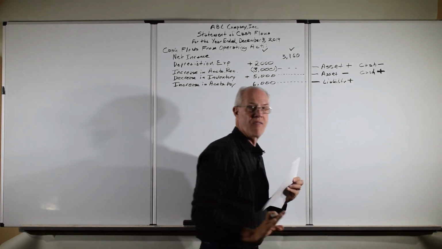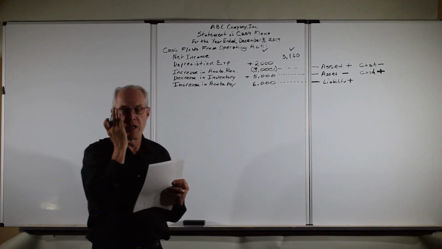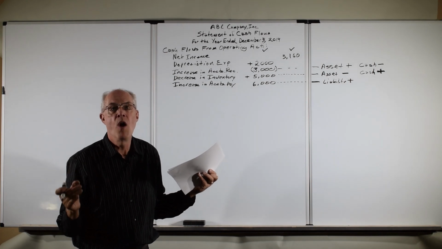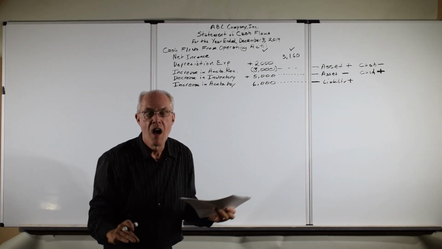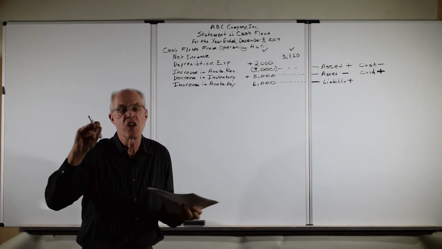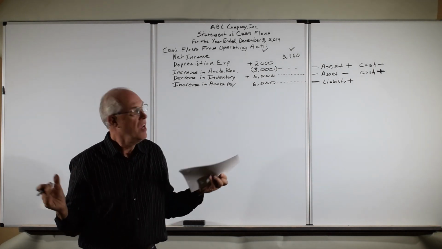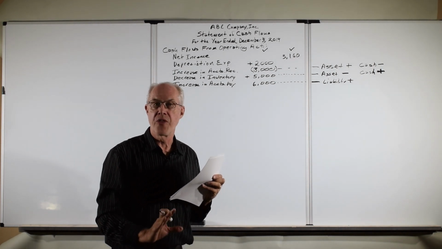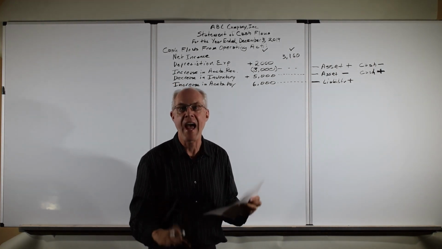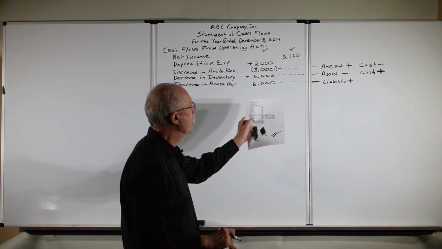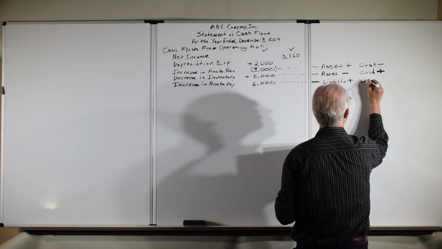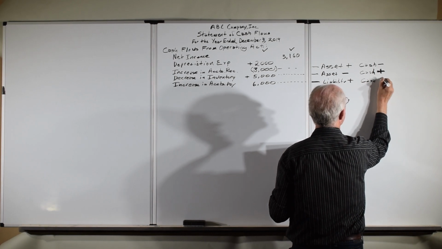When your liabilities increase, imagine it increased because you borrowed money. You owe more because you borrowed money. If liabilities decrease, the thought is you pay them off with cash. So if a liability increases, cash will also increase.